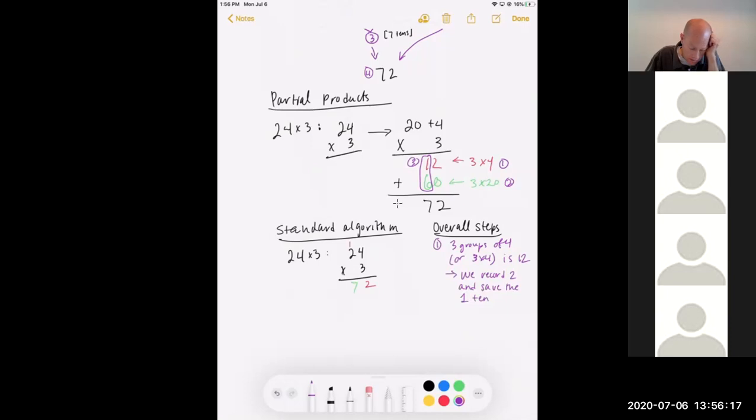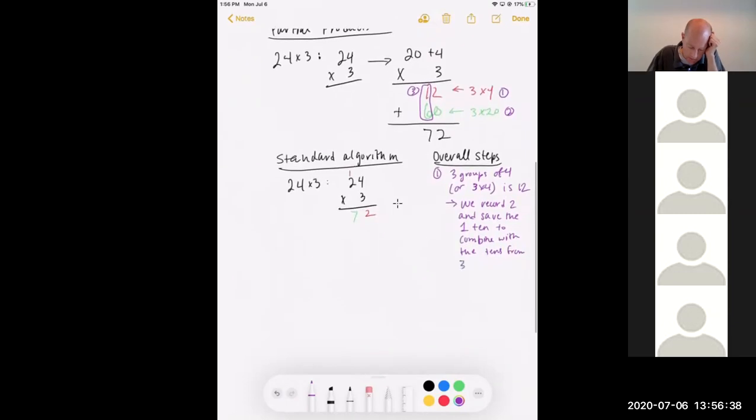to combine with the other 10s from the 3 times 20. We haven't technically calculated that yet. So that's step number 1, that's why it's in red, 3 times 4.